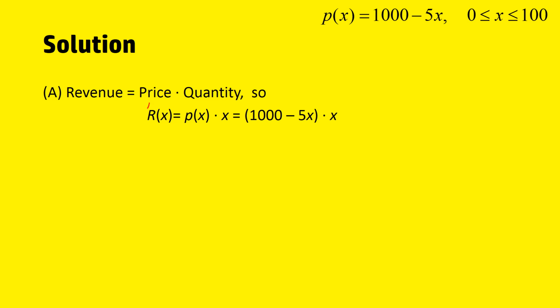They have here R of x equals P of x times x. And so what we have really is a formula for revenue that you have to remember as a business major or someone taking a math for business class. R equals px.